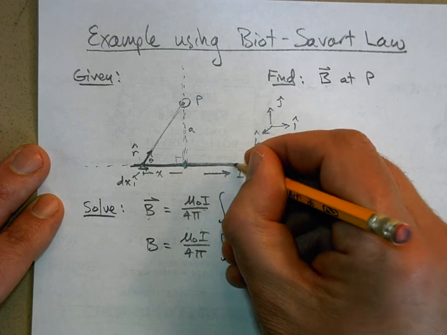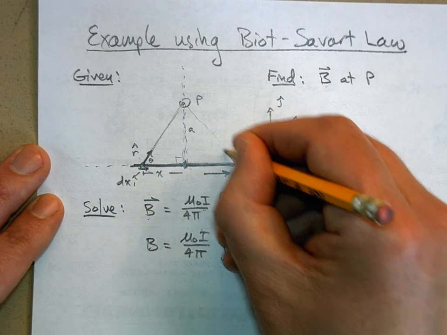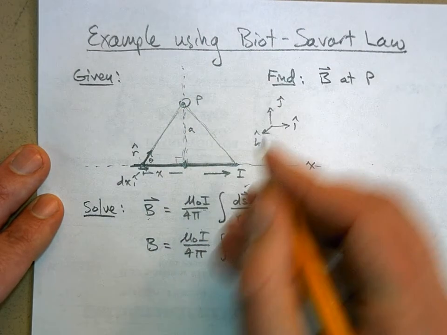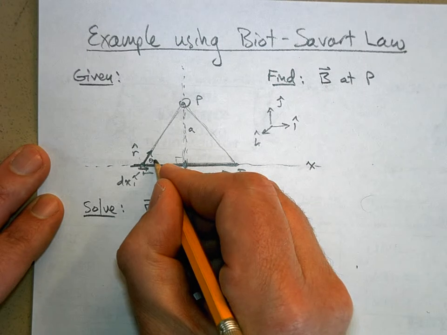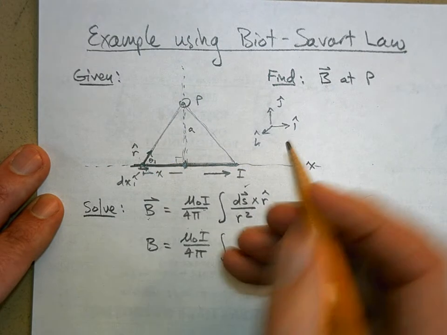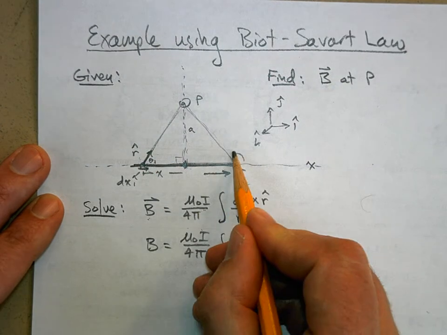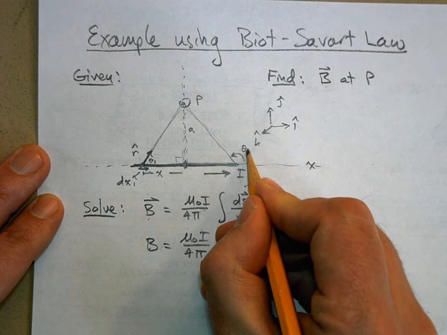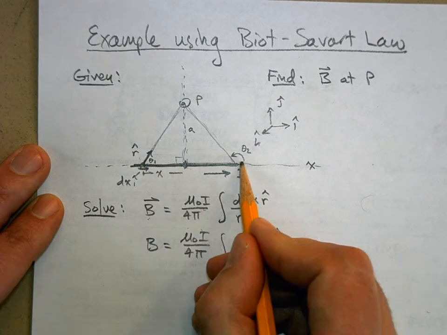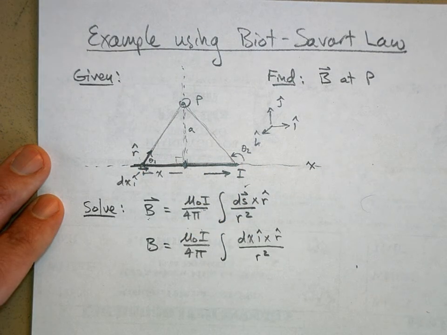When you're over here, look, the angle has changed. We'll call this theta 1, or my initial angle, and this over here is theta 2. So we're going to go from this angle over to this angle. Okay?